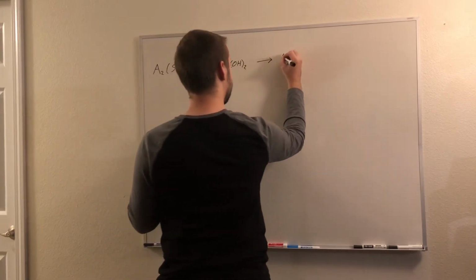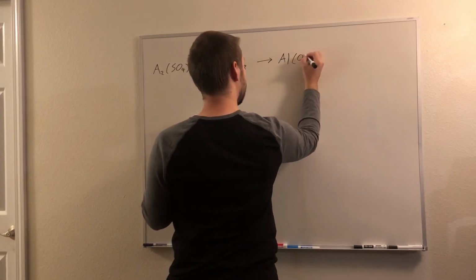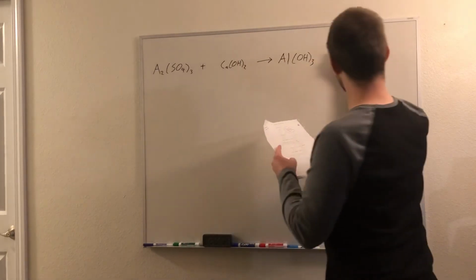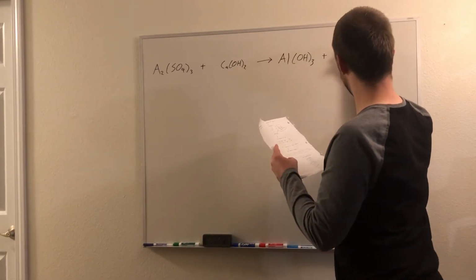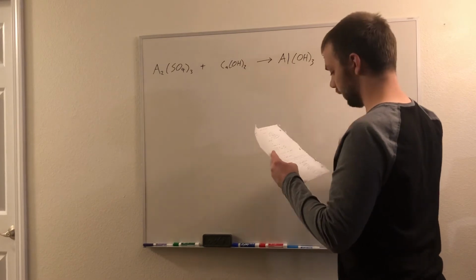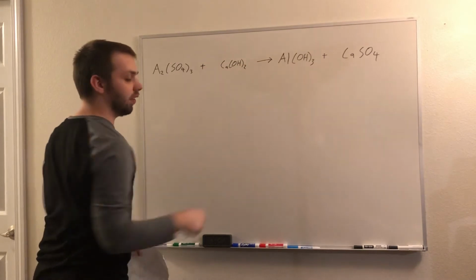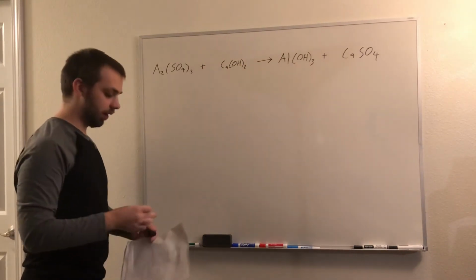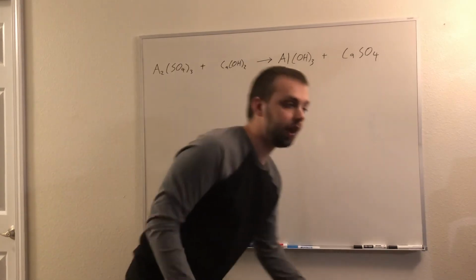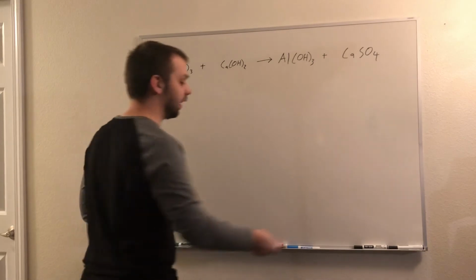That goes to aluminum hydroxide plus calcium sulfate. Okay, and I excluded the phase indicators for what state the molecule is in, whether it's solid, liquid, or gas. So that's not really too important for balancing the equation.